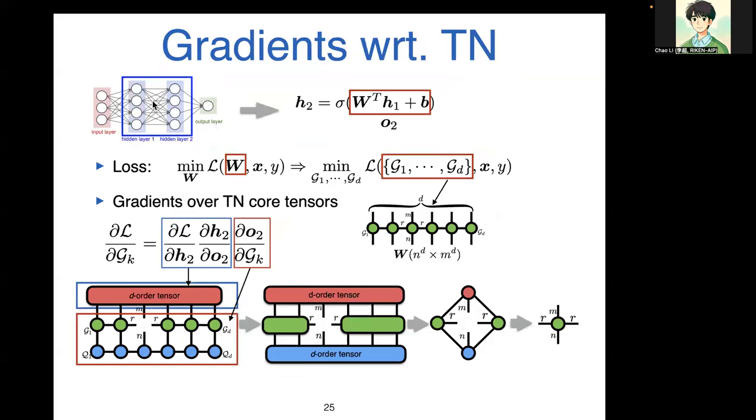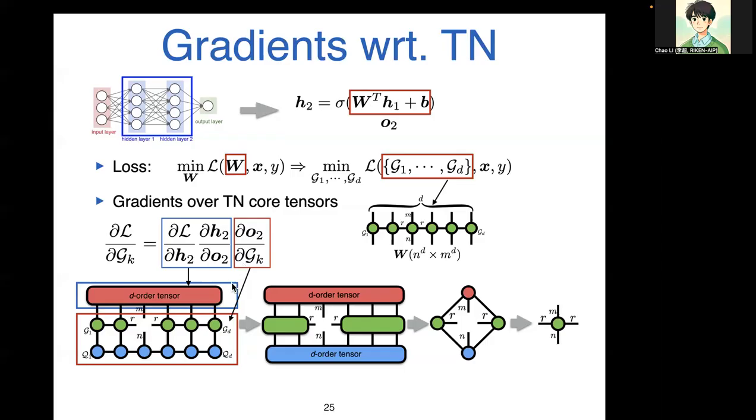Now that we've replaced the full weight matrix W with its tensor network representation of core tensors, the loss function changes from the minimization over W to the minimization over the core tensors from G1 to GD. When we compute the gradients with respect to the core tensor, we apply the chain rule. It's from the loss function L to the layer output H2, and then from H2 to the pre-activation output O2, and finally from O2 down to the specific core tensor GK.